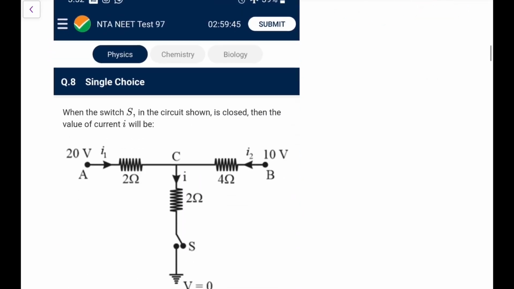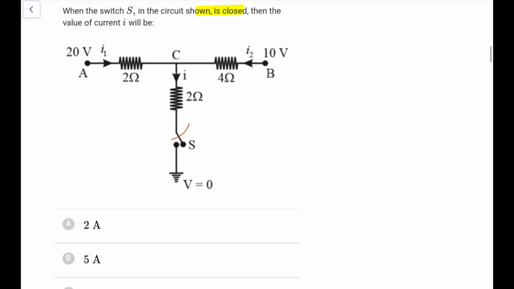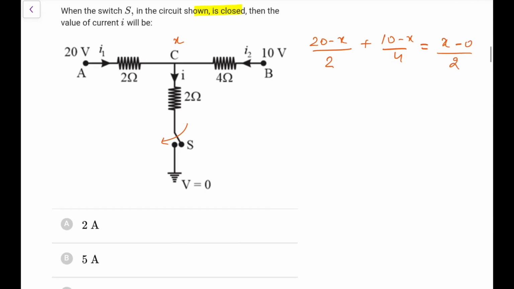Next one. When the switch S in the circuit shown is closed, then the value of current I will be, okay, when the switch is closed like this, what would be the value of the current? So let this potential be X. Going by this arrow direction, the current coming towards C, I can write (20 minus X) by 2 plus (10 minus X) by 4 would be equal to the leaving one, that is (X minus 0) by 2.